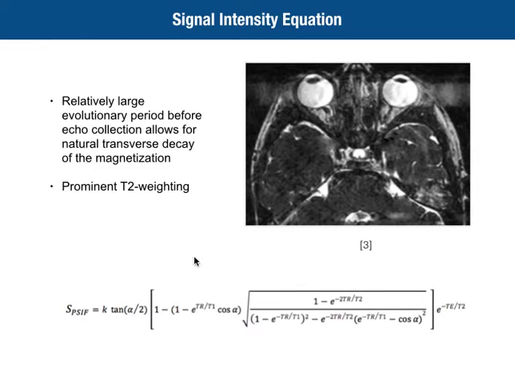That's why it's a prominent way of avoiding T2 star weighting, and the image shown is a cross-sectional image of a head, a coronal image, yes.